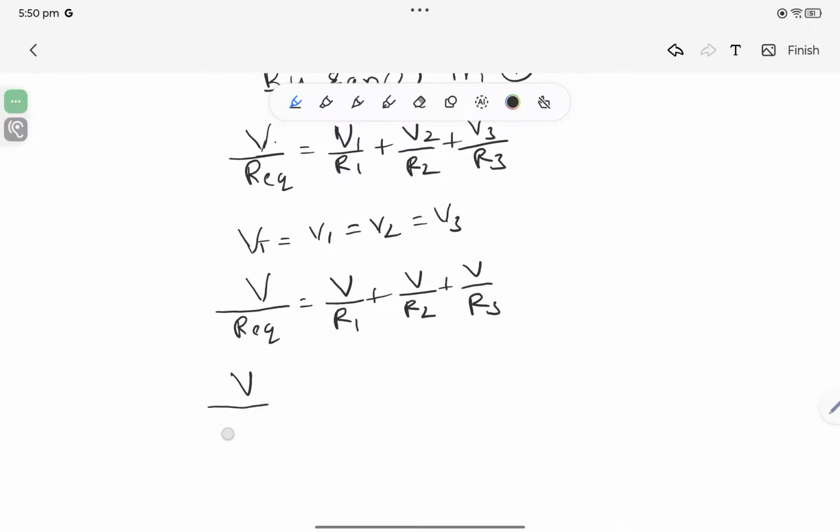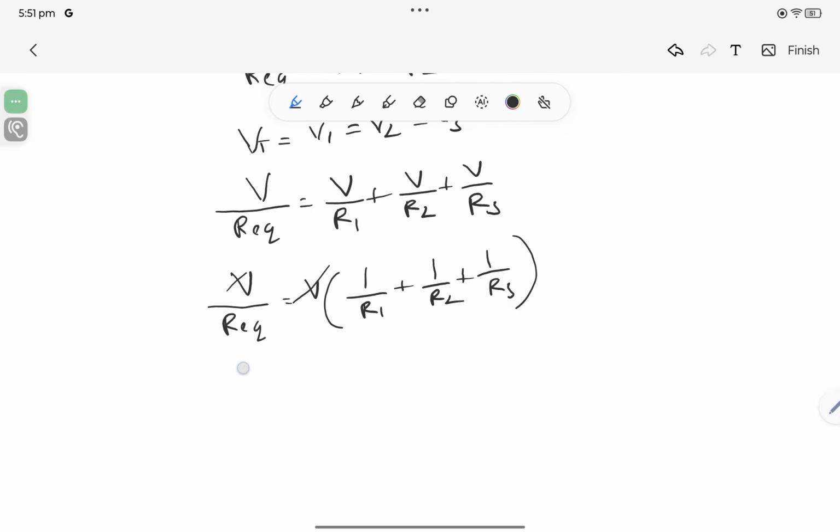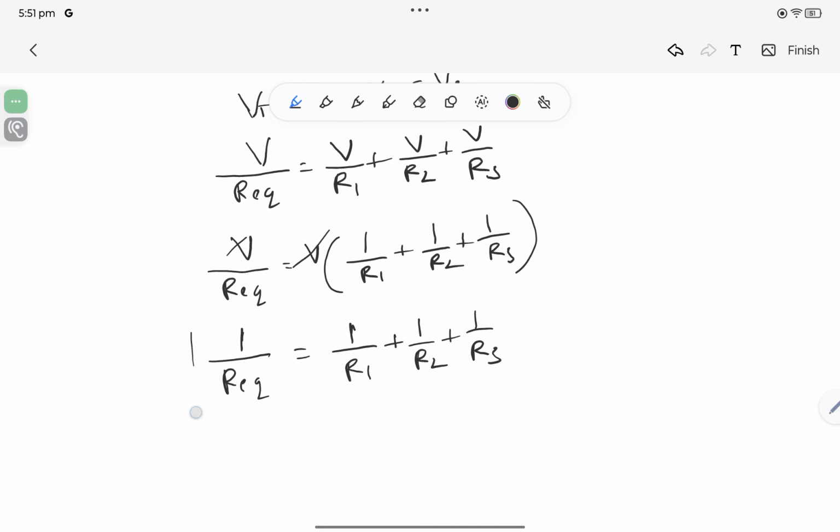V by R equivalent is equal to V outside, what is left? 1 by R1 plus 1 by R2 plus 1 by R3. So V will get cancelled. So 1 by R equivalent is equal to 1 by R1 plus 1 by R2 plus 1 by R3. This is the equivalent formula.